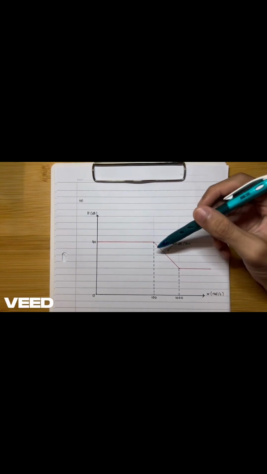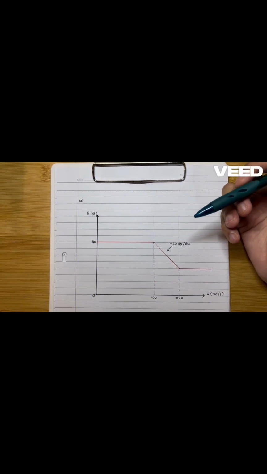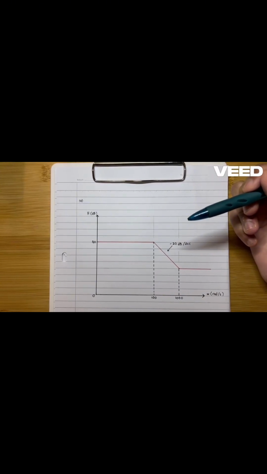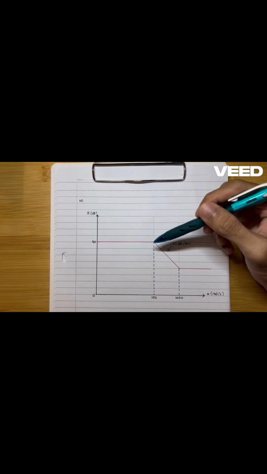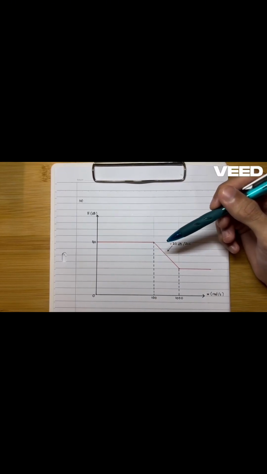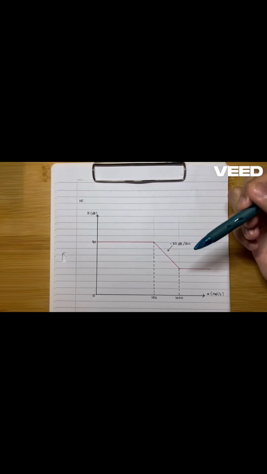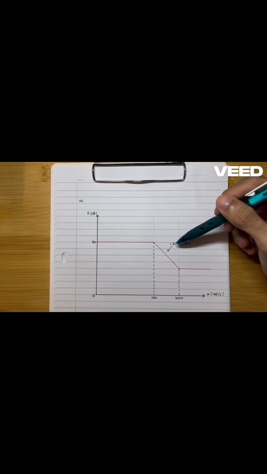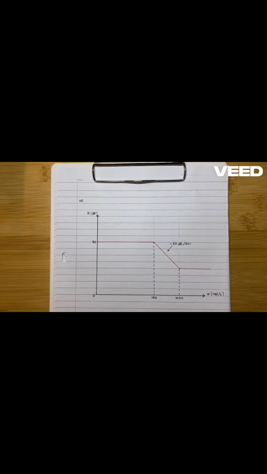The change in slope from 0 dB per decade to negative 20 dB per decade at this point indicates the presence of a pole at omega equal to 100 radian per second. A single pole in the denominator of the transfer function causes a negative 20 dB per decade roll off in the magnitude plot.